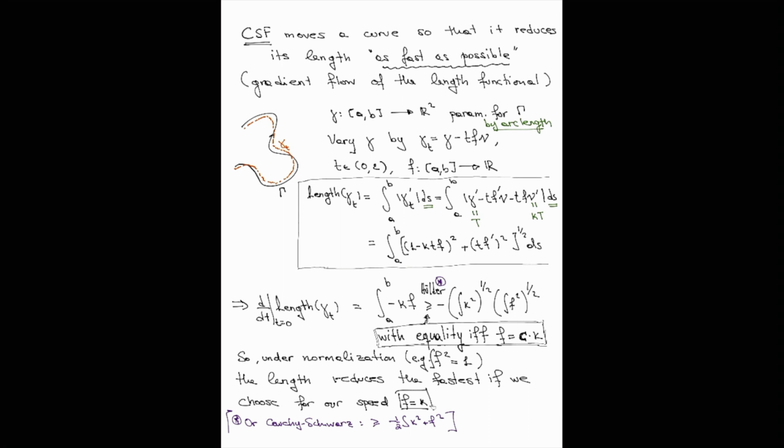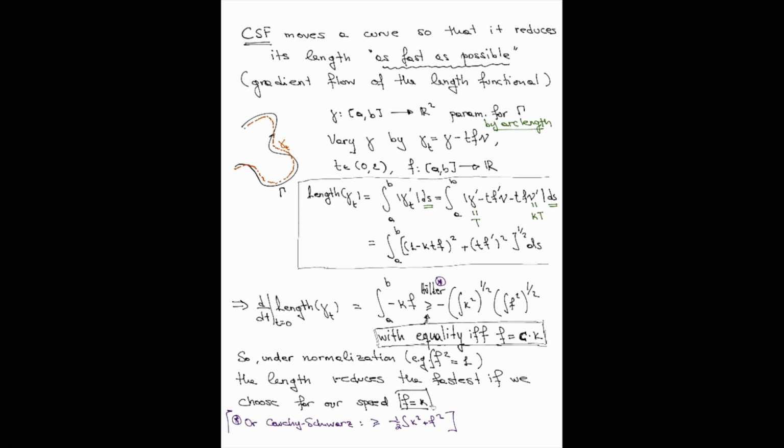Now, why do we choose to use this equation? Curve shortening flow is a flow that moves the curve so that it reduces its length as fast as possible. Like often in variational problems or in nature, what we want to do is minimize some energy.